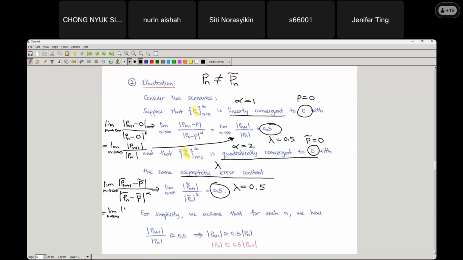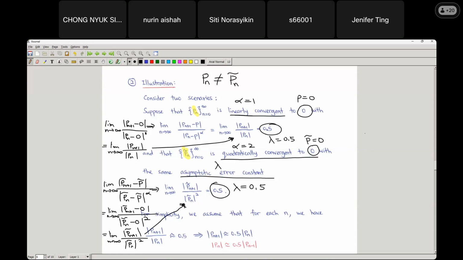We have Pn plus 1 tilde minus 0, divided by Pn tilde minus 0, to the power of alpha, and alpha is 2, so it is squared. From here, we can simplify. This is equivalent to the limit of the absolute value of Pn plus 1 tilde over the absolute value of Pn tilde squared. So this is how we get this, and 0.5 is the lambda value.